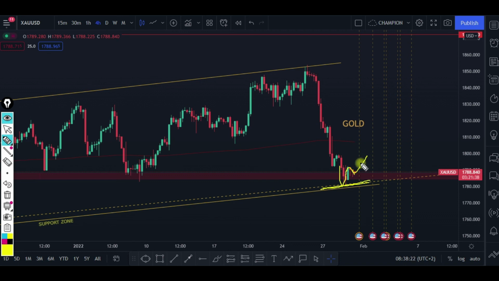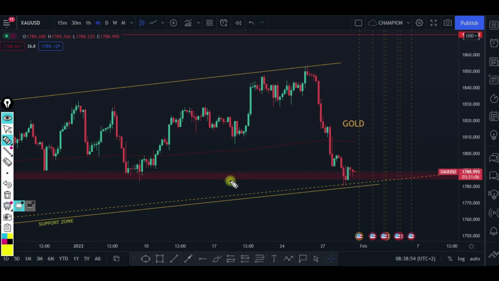The market came, broke out of this area here to reach our diagonal support and respected it as it pushed high, and now it's on our horizontal support. We can see the market give us such moves. It's gold, it can do that. But anything is possible.